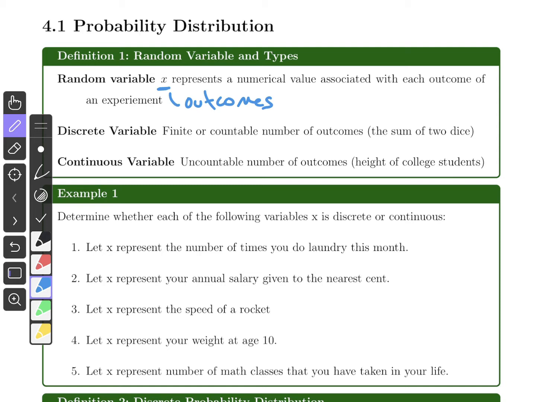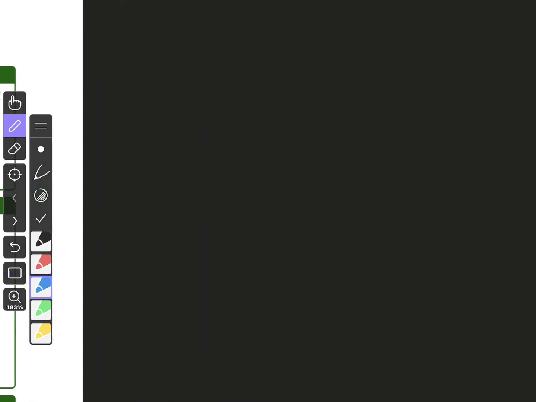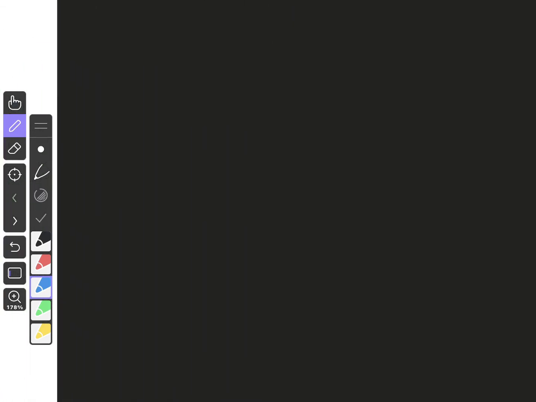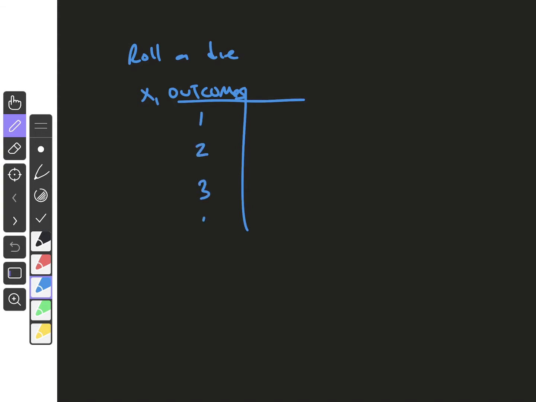Okay, so for example, a random variable can be, maybe, rolling a die. And the outcomes, which again is going to be our unknown x, would be getting 1, 2, 3, 4, 5, and 6.